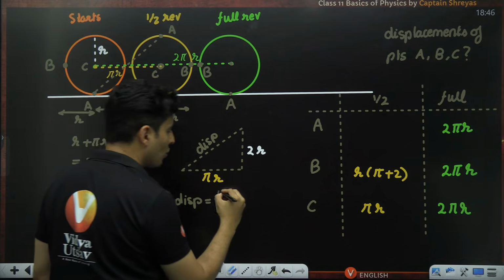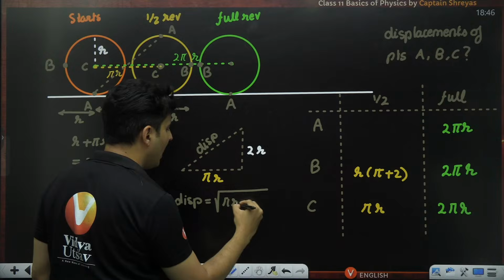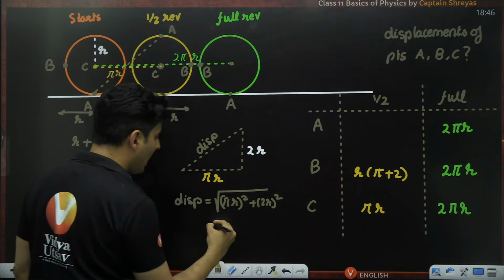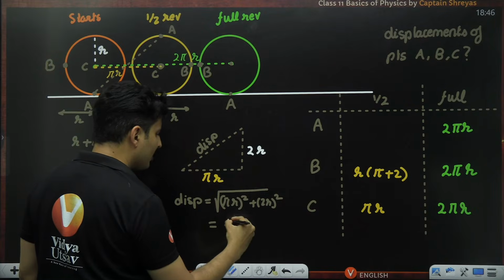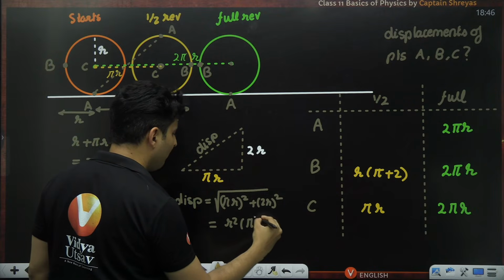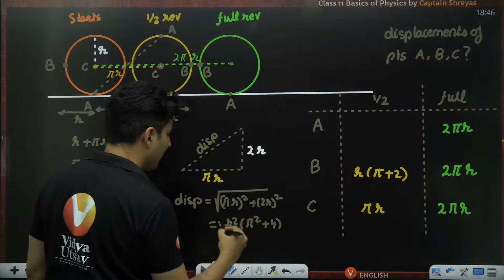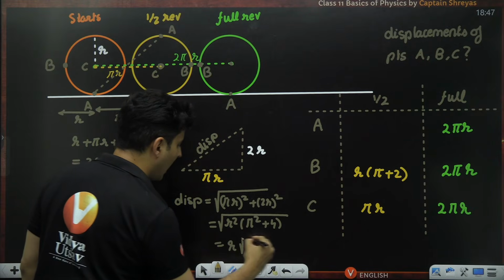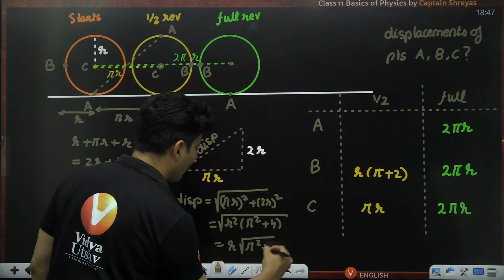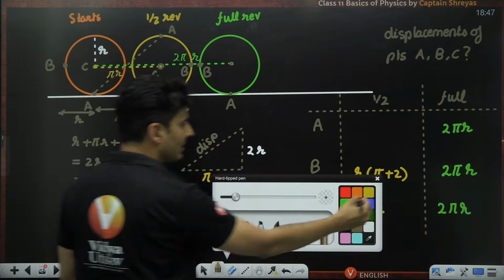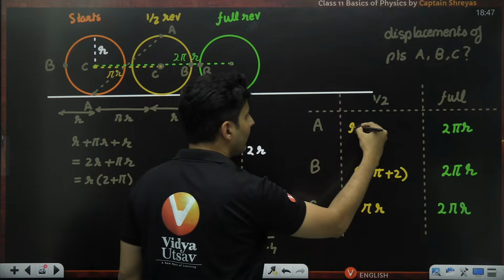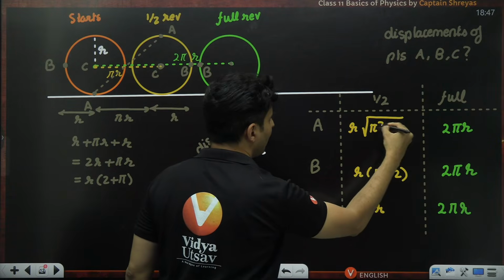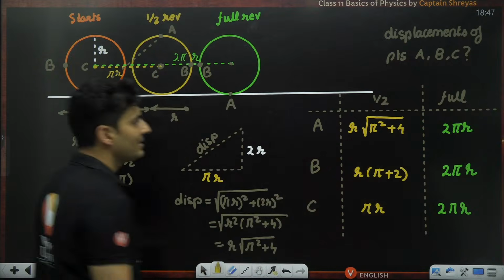Displacement will be root of (pi r) square plus (2r) square. So r square is common. We have pi square plus 4, and this entire thing is in the root. So r can be taken out, and the answer will be r times the root of (pi square plus 4). That is the answer.